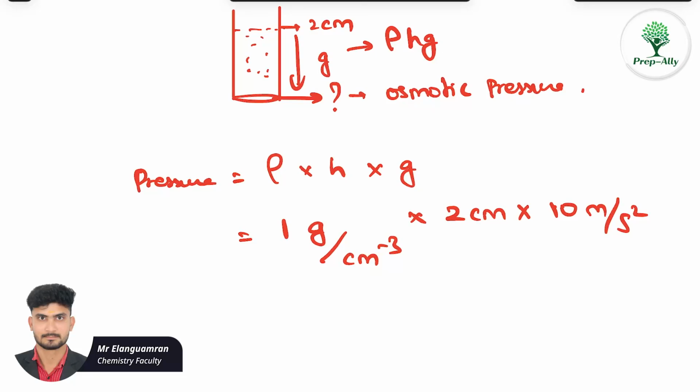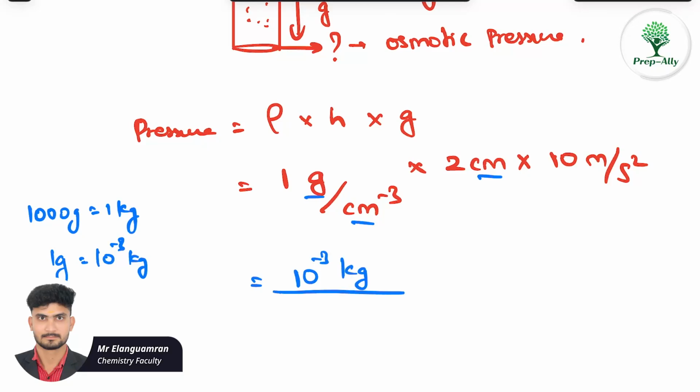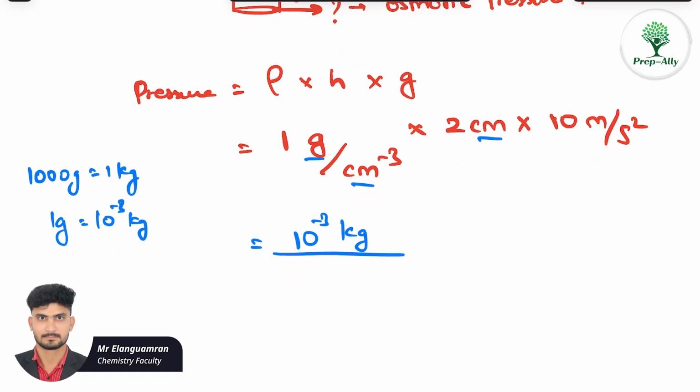So I have to convert all this centimeter to meter first and gram to kilogram. So how do I convert gram to kilogram? I know 1000 gram is equal to 1 kg, or 1 gram is equal to 10 power minus 3 kg. So I can write this 1 gram as 10 power minus 3 kg divided by cm cube. I know 100 cm is equal to 1 meter, or 1 cm is equal to 10 power minus 2 meter, right?